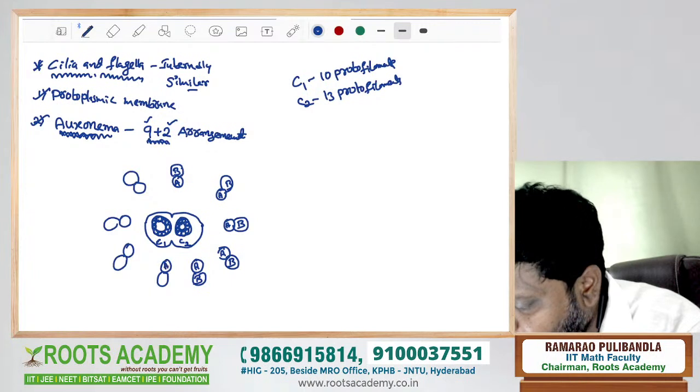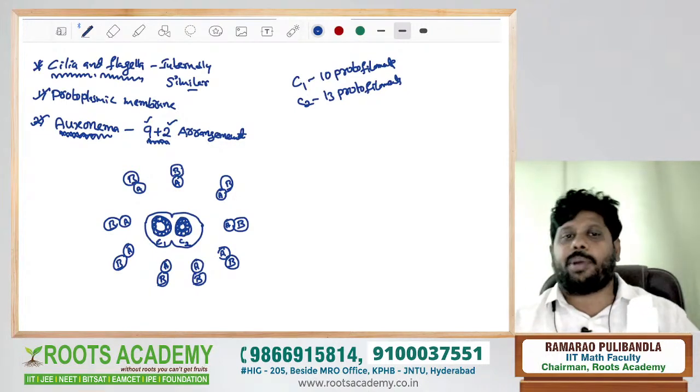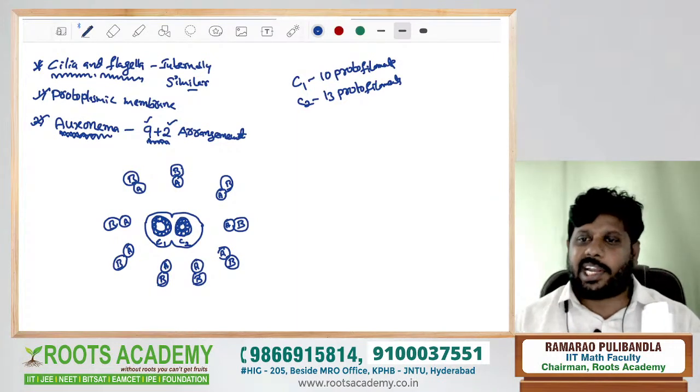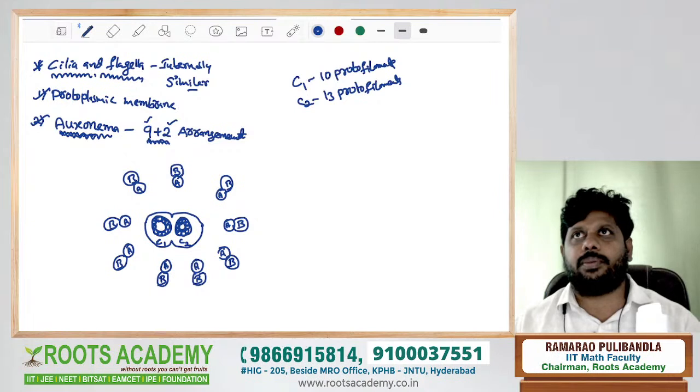Periphery has 9 microtubule doublets. In that, the A microtubule is present slightly inside, the B microtubule slightly outside.